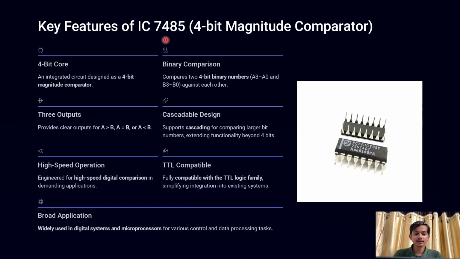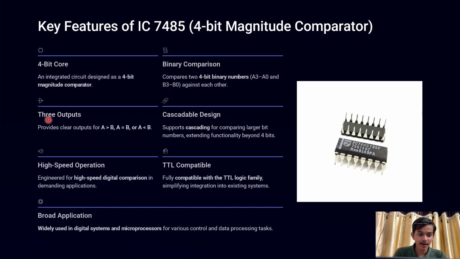Let us now look at the important features. The IC 7485 is a 4-bit comparator capable of comparing two 4-bit numbers, labeled A3 to A0 and B3 to B0, against each other.